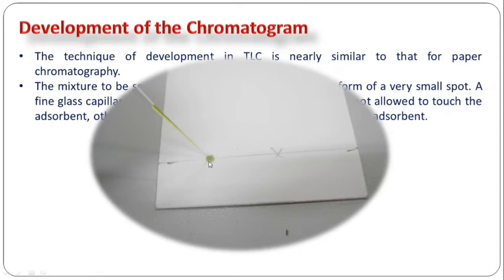This spot should be very small, around 1 to 2 mm in diameter only, for efficient separation of the components present in the mixture. This distance should be around 0.5 centimeter and the spot's diameter 1 to 2 mm only.